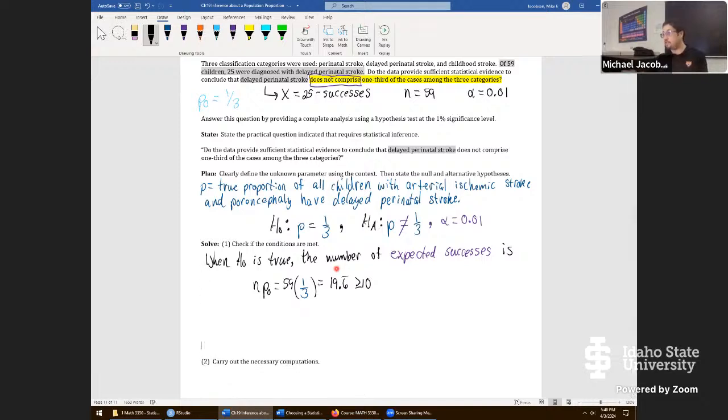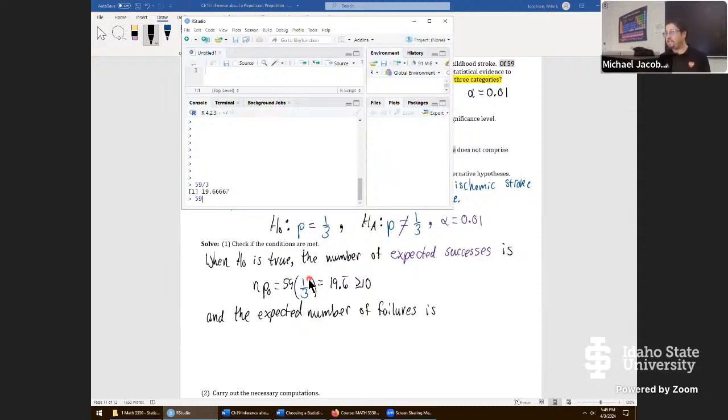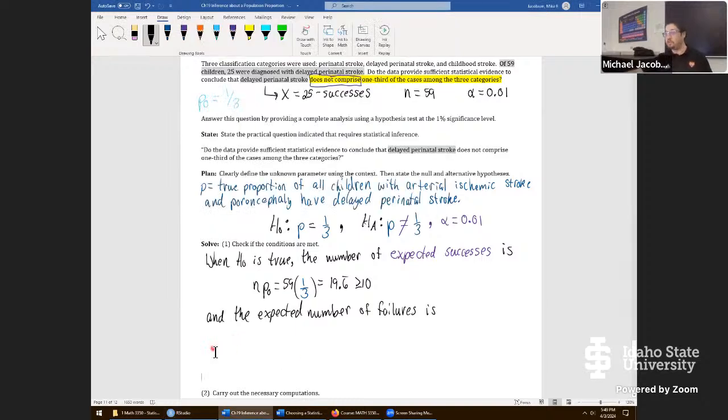Next, we write out the expected number of failures. The way I usually calculate this is I just take 59, take away the 19.6 repeating, and it's that number there. So that's a decent strategy to take if you like. If you are a fan of formulas, let's put down the formula here as well from the notes.